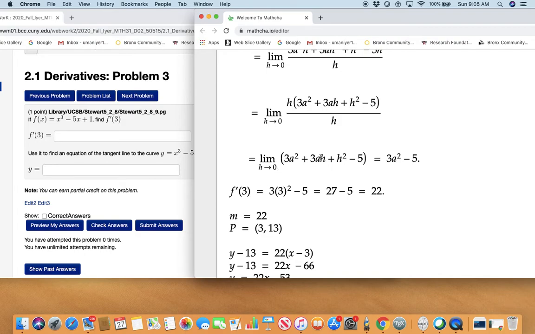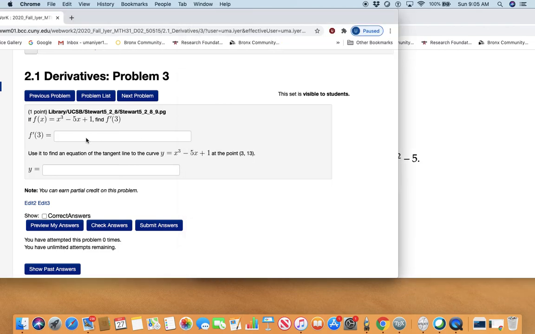As h approaches 0, this goes to 0, this goes to 0. All I'm left with is 3a squared minus 5. Now that was f prime at a. You want the derivative at 3, so plug in 3: 3 times 3 squared minus 5. That's 27 minus 5. It is 22.